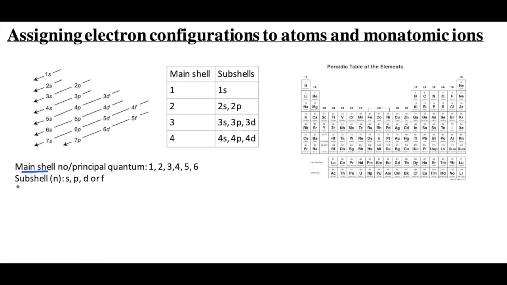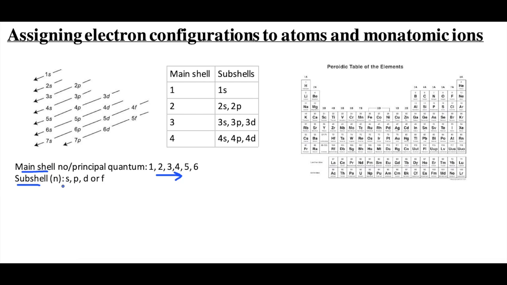number, and a subshell. The main shell number is written as numbers, so the first main shell, the second main shell, the third main shell, and so on. Their subshell is written as lowercase letters, the S, P, D, or F subshell.